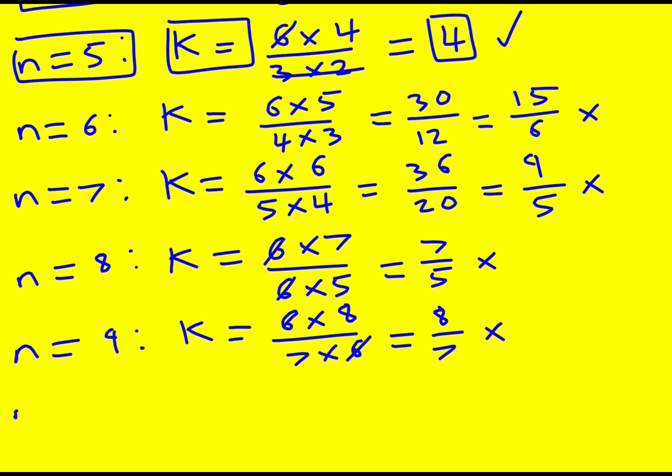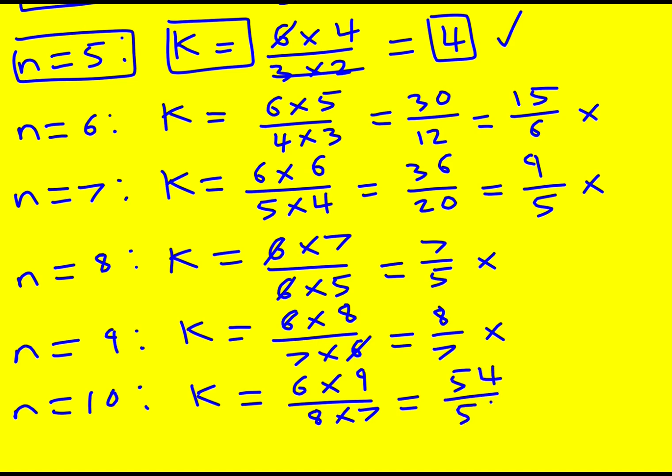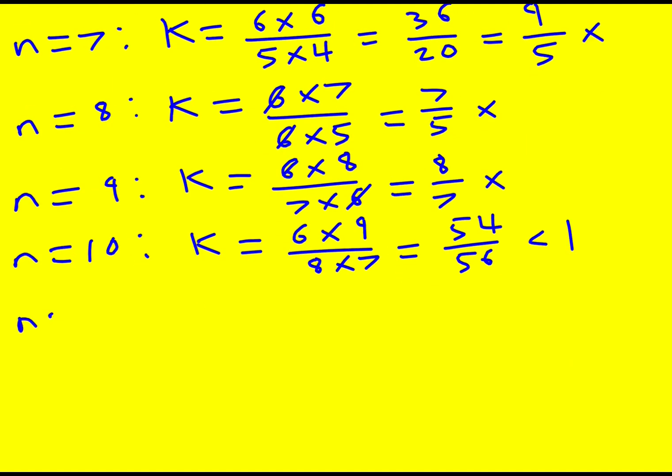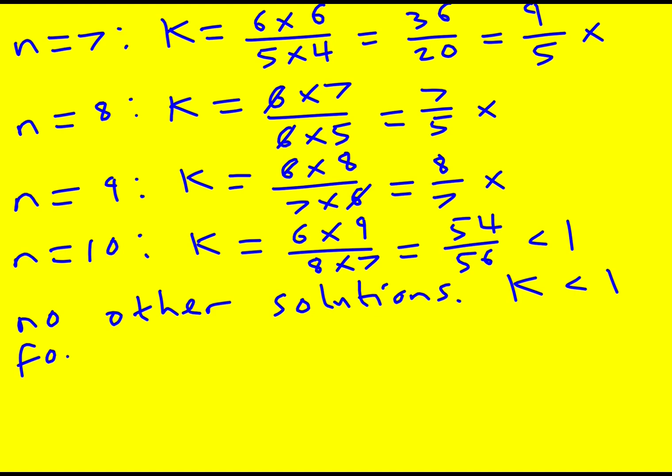Okay, very close to 1 now. And this is actually 54 over 56, which is less than 1. So no other solutions. K less than 1 for n bigger or equal to 10.